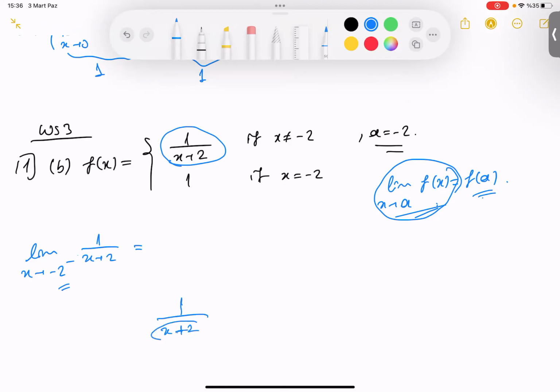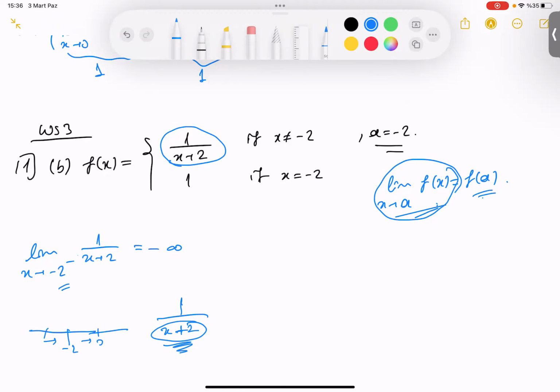So you will have some values which are really close to 0, so you will have infinity. 1 over 0 gives you infinity. Is it plus or minus? You will determine that. You get values which are less than -2, since you approach -2 from the left. Let's say -3. So you will have negative values there, right? So you approach 0 from the left, which gives you -infinity.